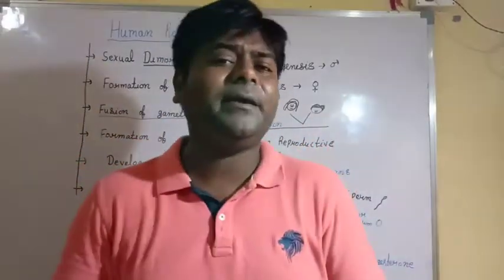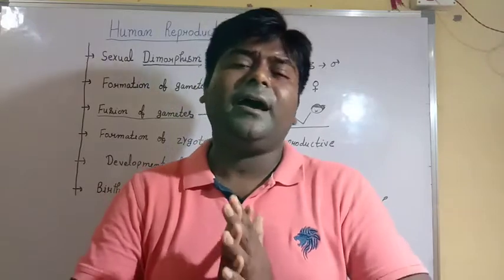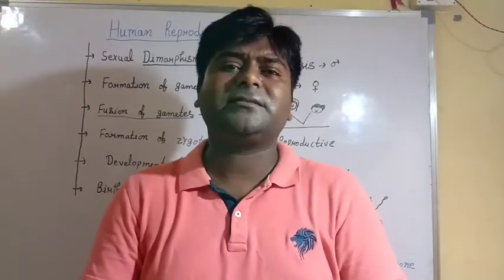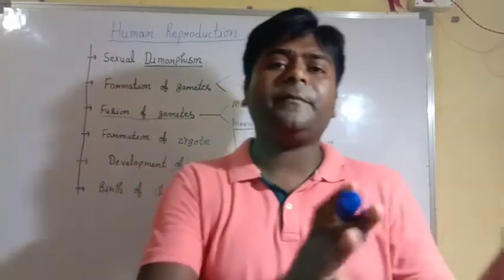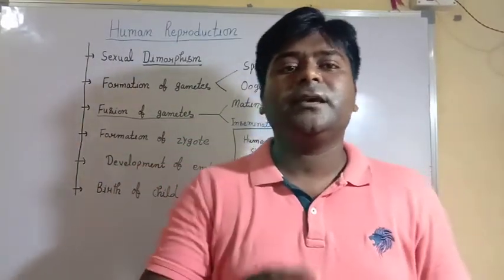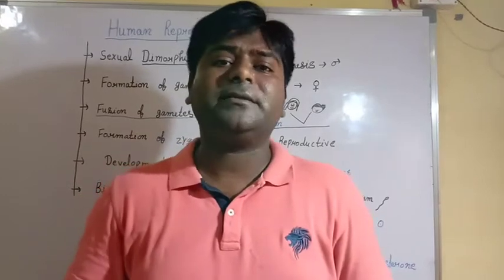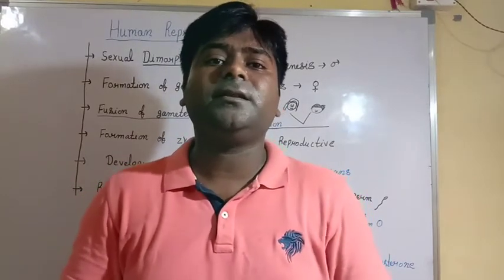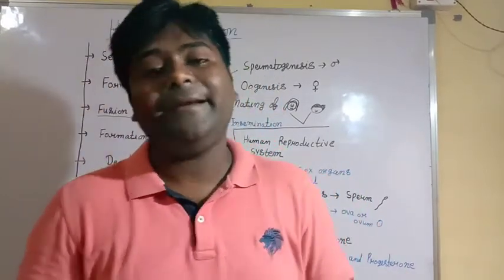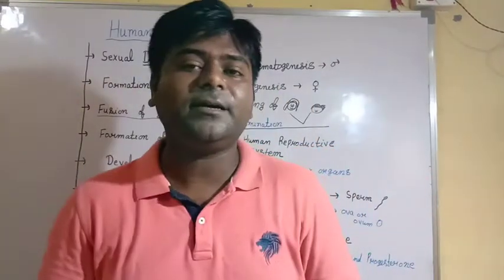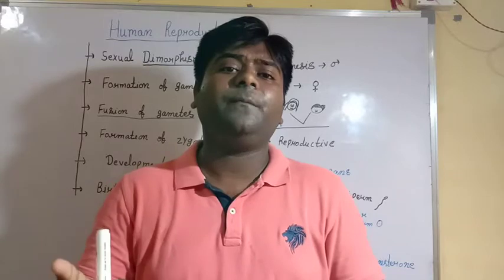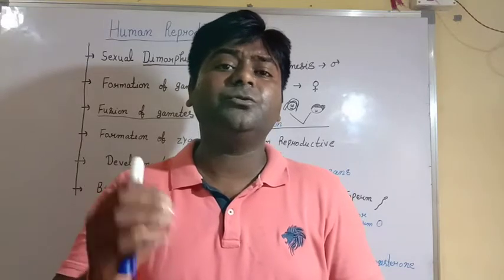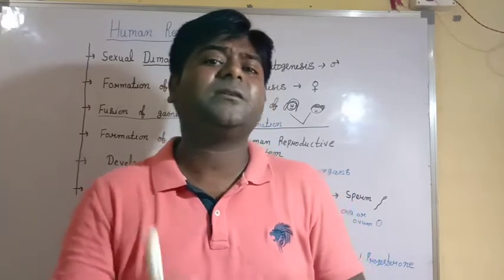So in case of the males, vas deferens, epididymis, scrotum. There are so many. Scrotum is not, because it is part of the testis. So vas deferens, epididymis, penis, these are the structures which are secondary sex organs. In case of the females, except the ovary, we have the fallopian tube, uterus, vagina, cervix.